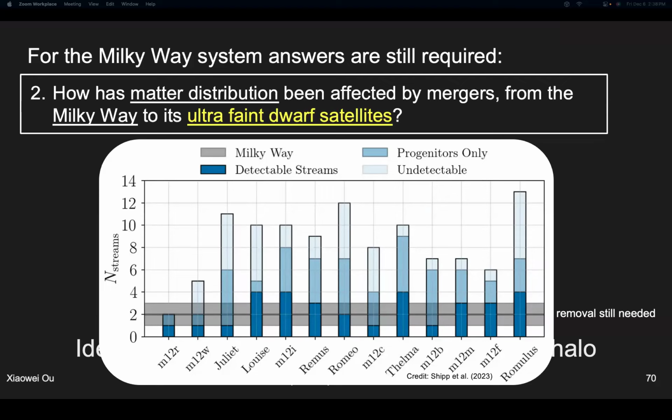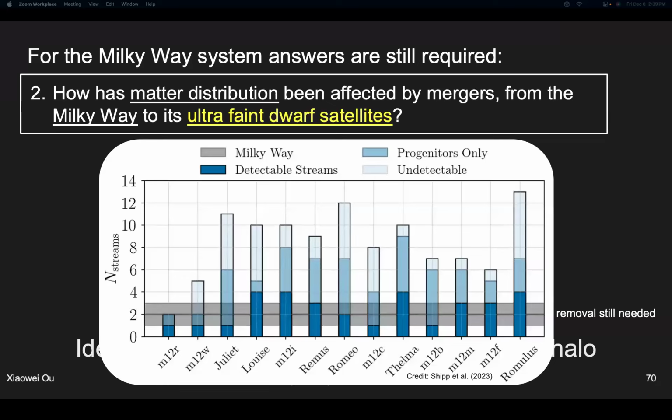Then when we look at some of these streams in the simulation, which ones can we actually detect the stream for, and which ones will we only be able to see the progenitor and not the stream? And the key takeaway here is that for the Milky Way count, which is the number of streams that we see for dwarf galaxies, everything is consistent once we apply that observability correction.